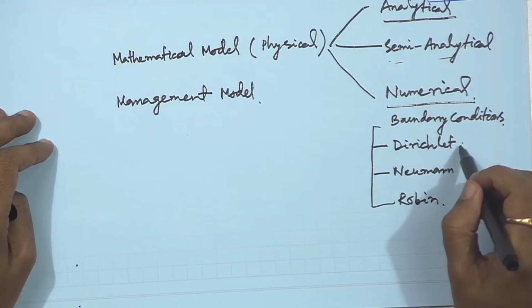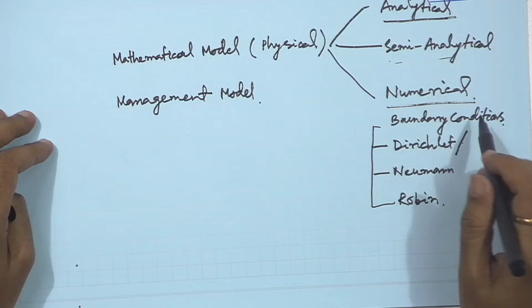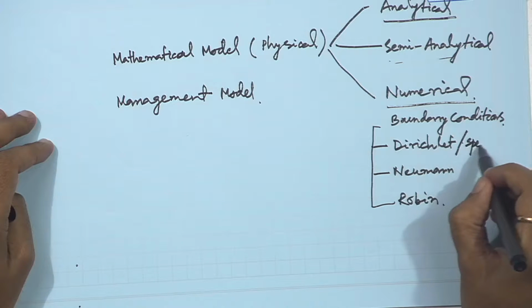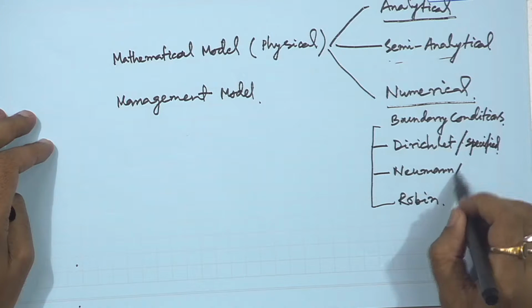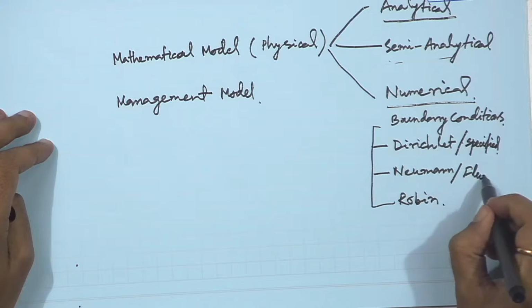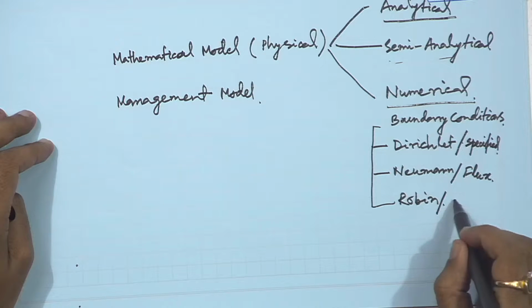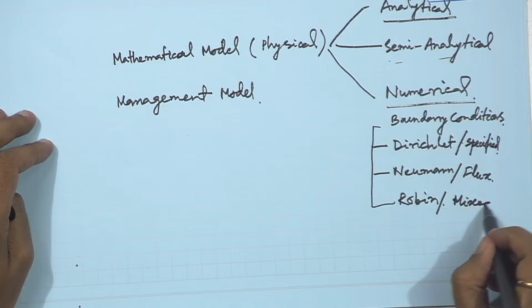What is the Dirichlet boundary condition? It is a specified boundary condition. Neumann is a flux kind of boundary condition, and Robin is a mixed kind of boundary condition.